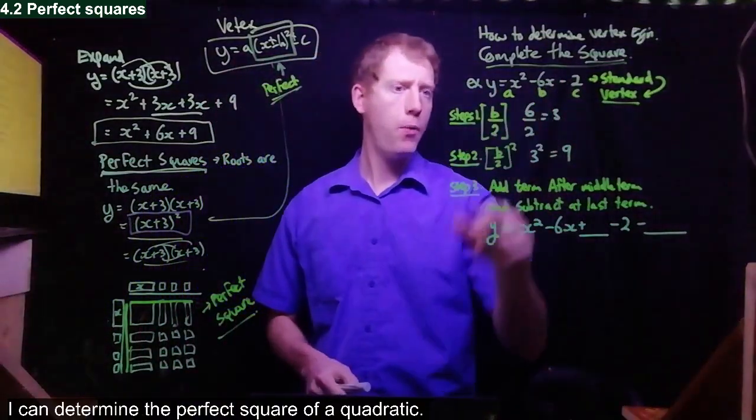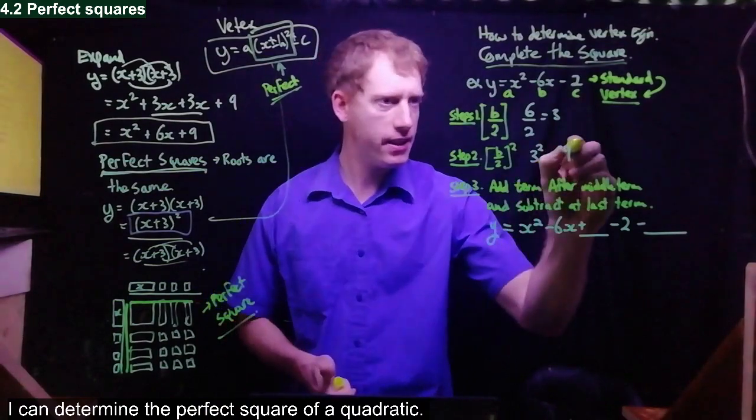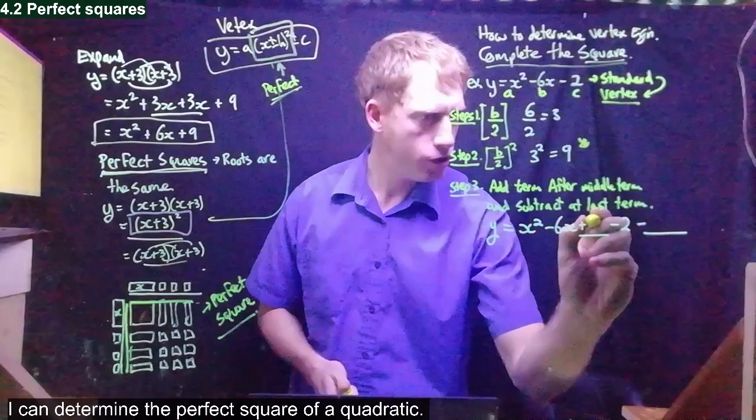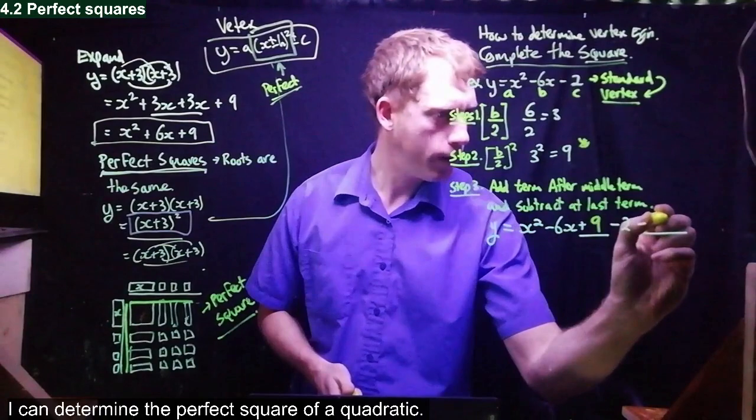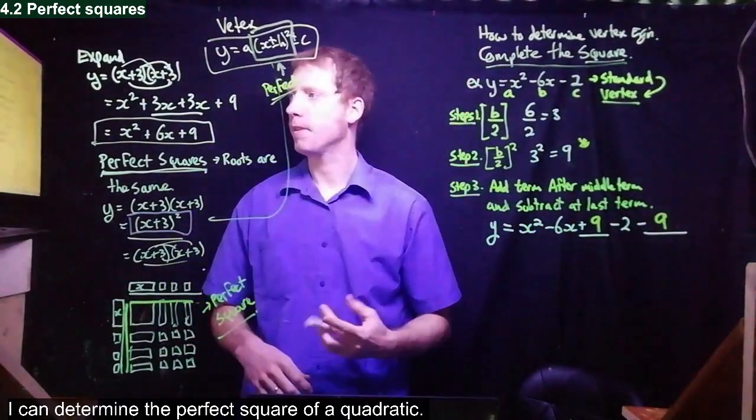We take our original equation, and this is the key number that we want. This is the key number, and we're going to add it here, and we're going to subtract it here. Okay?